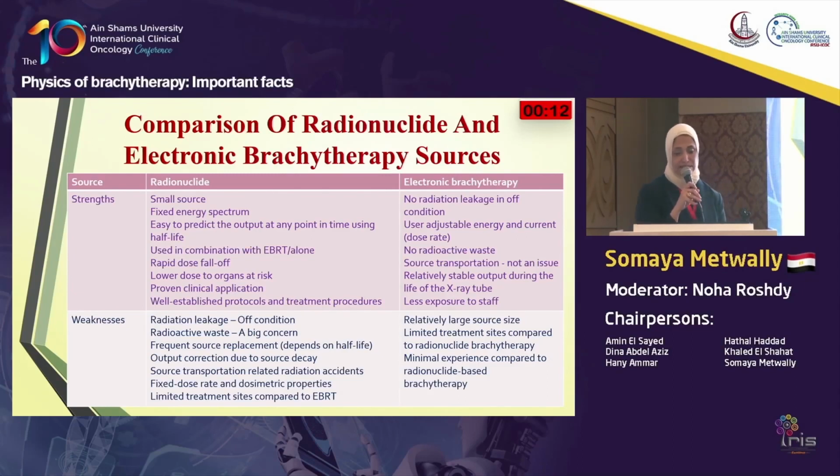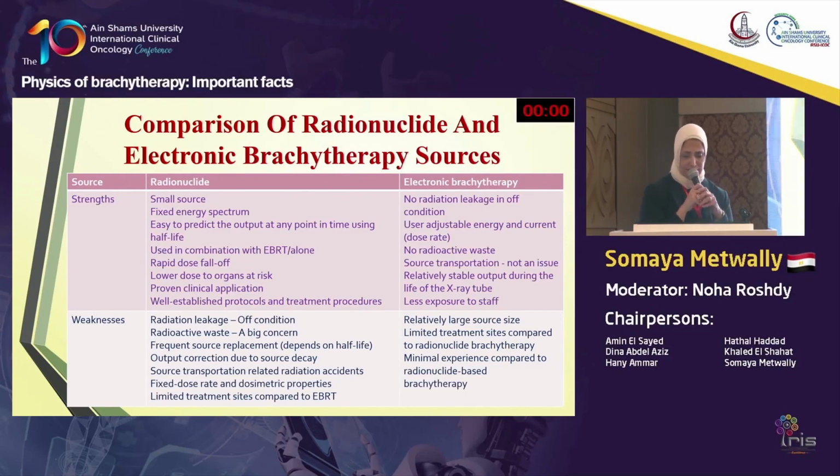Frequent source replacement: if you have an iridium source, you have to replace your source after the half-life, and the half-life of iridium 192 is about 2.5 months. So you have to replace the source every 2 or 3 months maximum. This is a very big issue.